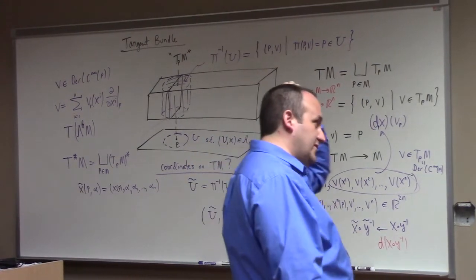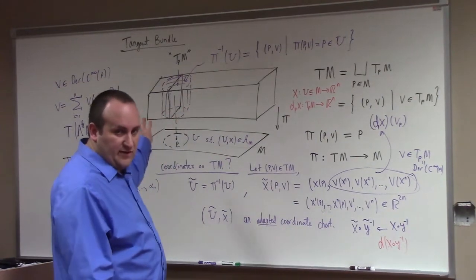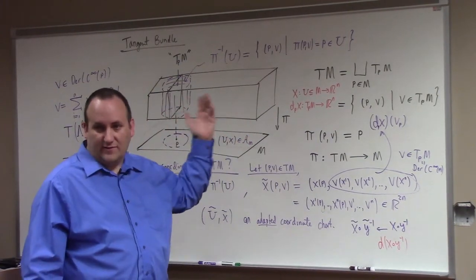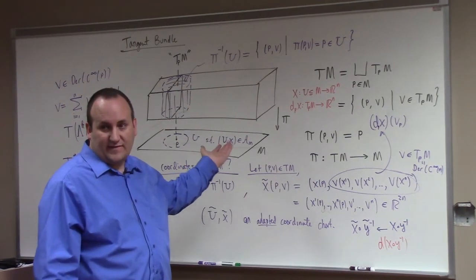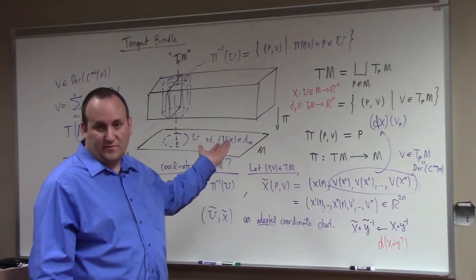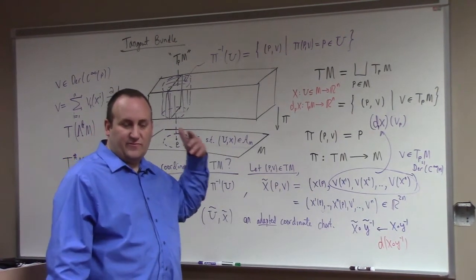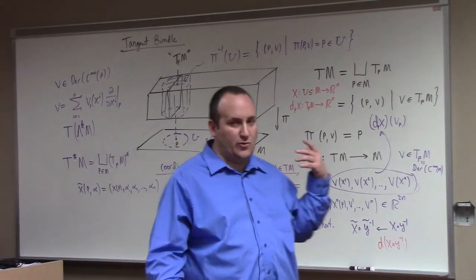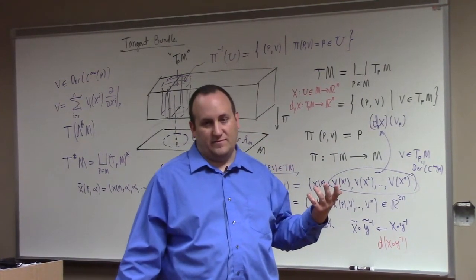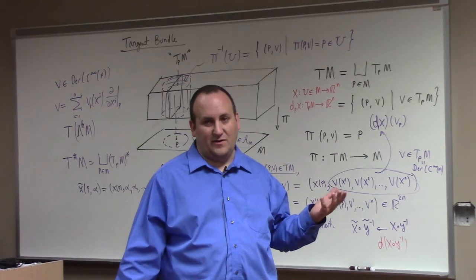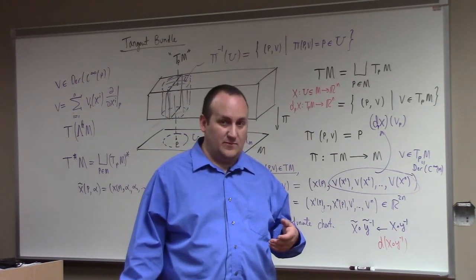So a section of the tangent bundle is a tangent vector field. You can guess a section of the cotangent bundle is a differential form, or a one-form, a covector field. A section of the tensor bundle would be a tensor field. So this is really nice because now we've actually got a home for these things we talk about. If you watch me carefully, you'll notice that I don't always define the space in which the tensor lives or the differential form lives.